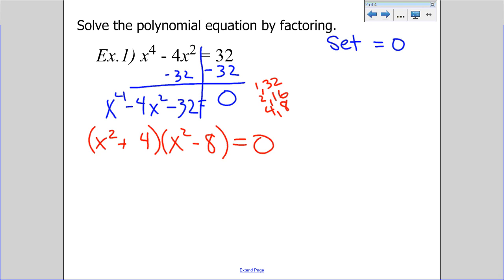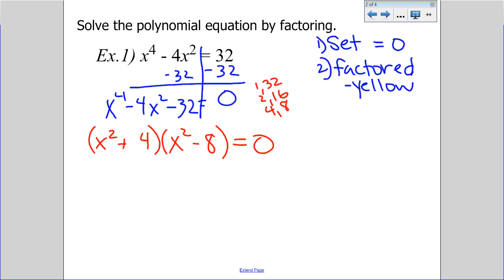Is this our final answer, or are we going to do it like we did in chapter 5? Exactly. This is not our final answer. This is just the factoring. So we set it equal to 0, and then we factored it. And what I had to remind third hour is that you have that yellow sheet, guys.